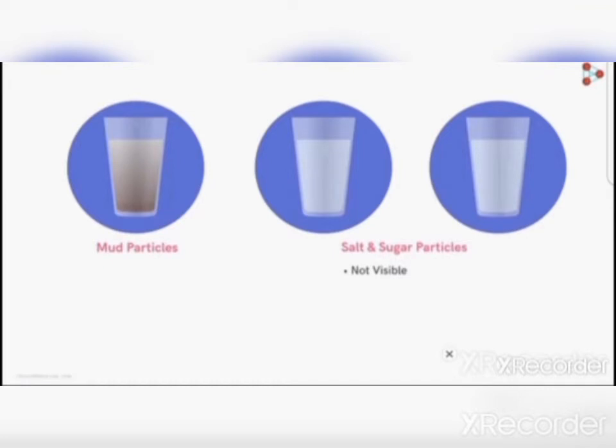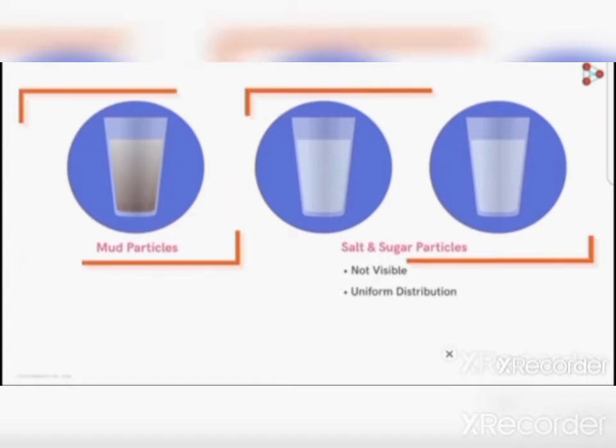The salt and sugar particles are uniformly distributed in water, whereas in glass with mud in water we can easily see the mud particles suspended and settled in the glass.